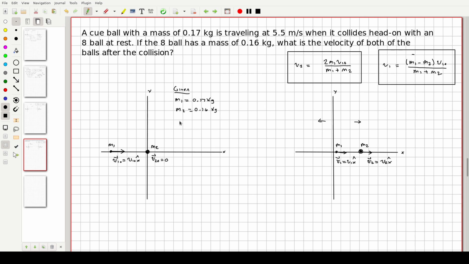Now, we also know that the initial velocity of mass 1 is 5.5 meters per second in the x-hat direction as drawn. We know that the initial velocity of the second mass is 0. Okay? So what we're trying to find here are the velocities after collision.